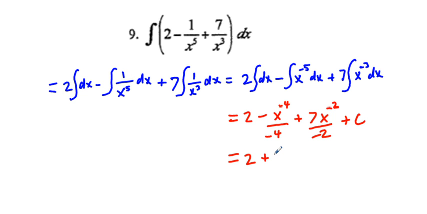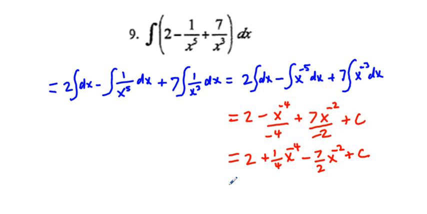I'm going to write this as 1/4 x to the negative 4 power. And then we're dividing by a negative, so that's going to end up being negative. So we'll have 7 halves x to the negative 2 power plus c.